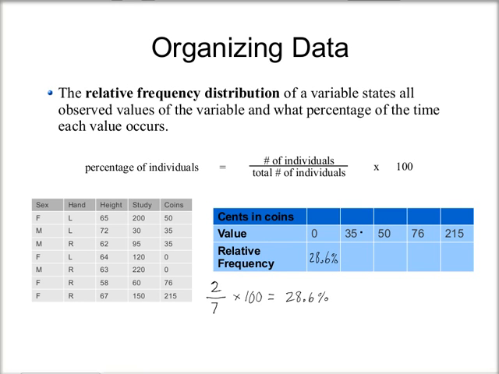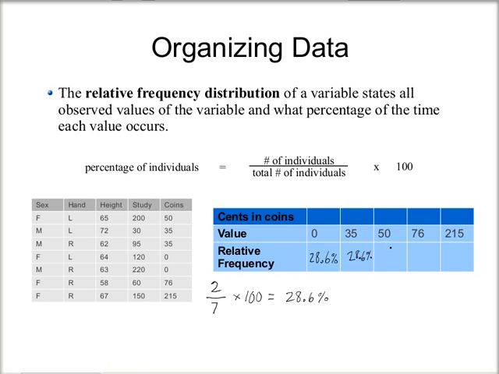My next value is 35, and I've also got 2 individuals who had a value of 35, so that's the same calculation. 2 divided by 7 times 100 is also going to give me 28.6% here.